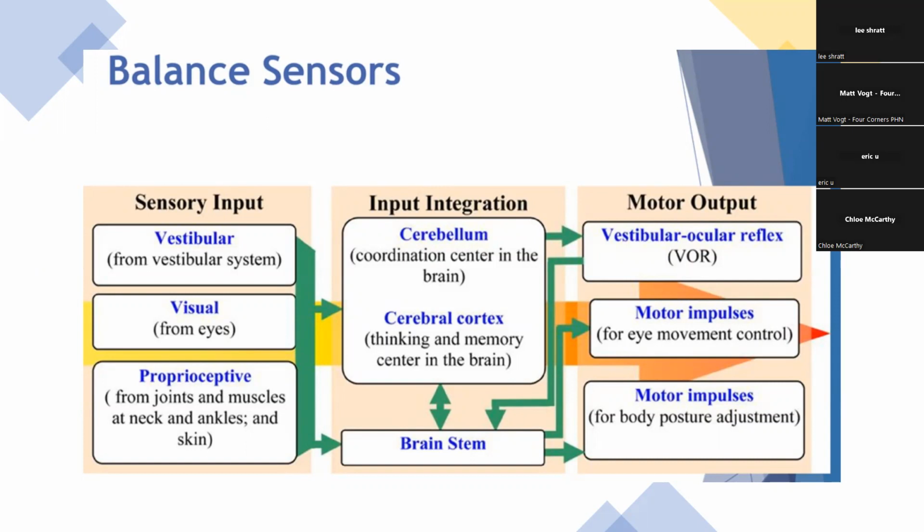We can see how it will transfer into the brain and brain stem. And then from there, our body will react to it. And so we have the vestibular ocular reflex, which I will talk about in a second, and also the motor impulses for our eye movement, and the postural adjustment with our proprioception.